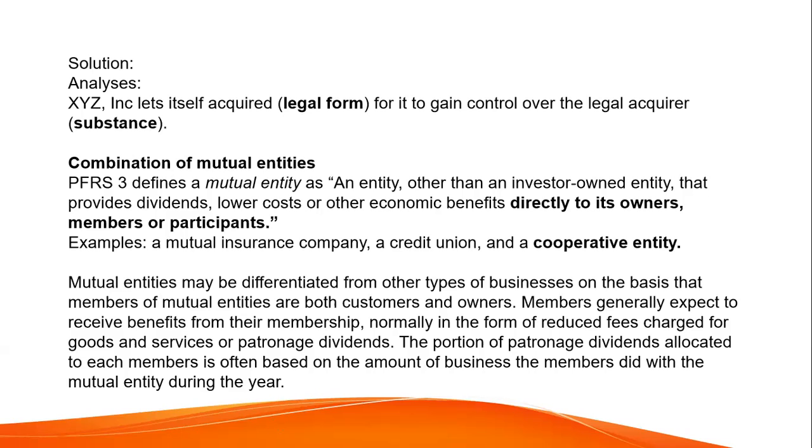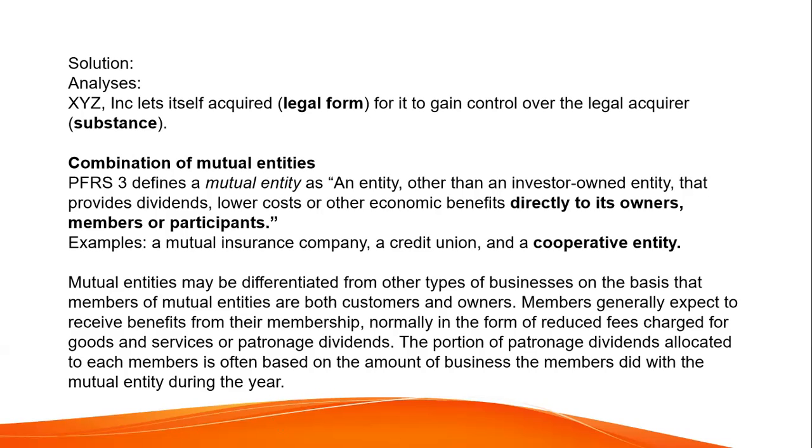If you divide 40,000 by 50,000, the ownership of XYZ is actually 80%. Now this is how we illustrate reverse acquisition.